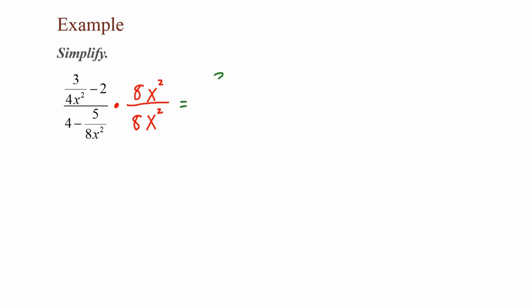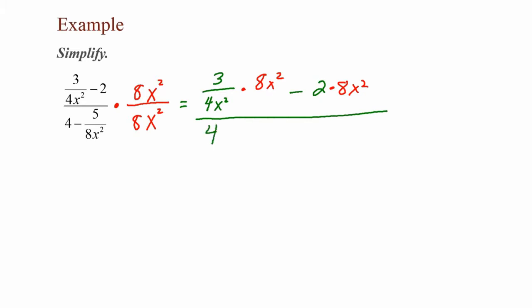So this equals 3 over 4x squared times 8x squared minus 2 times 8x squared all over 4 times 8x squared minus 5 over 8x squared times 8x squared.